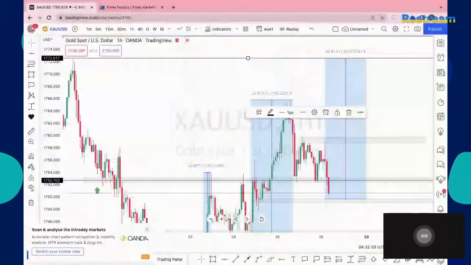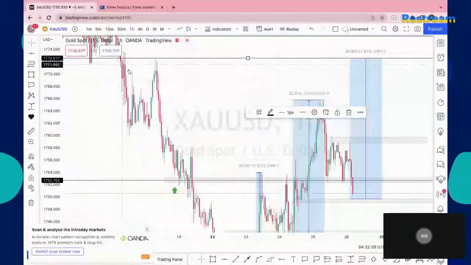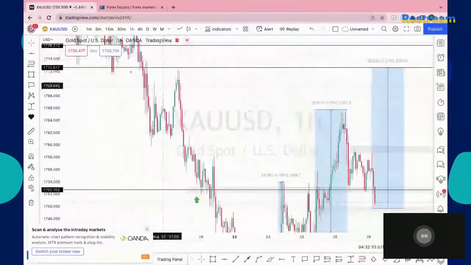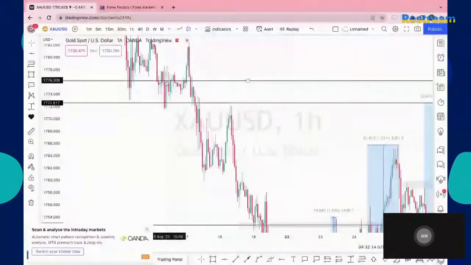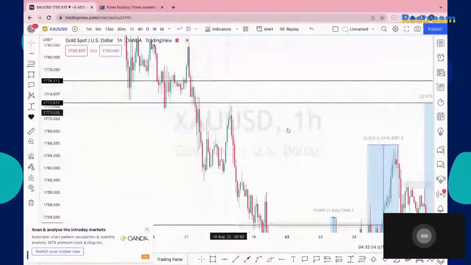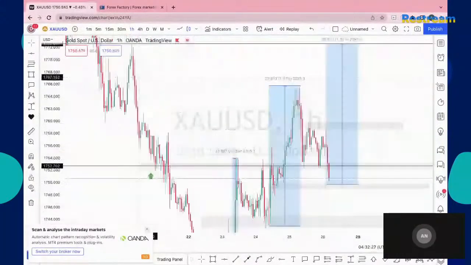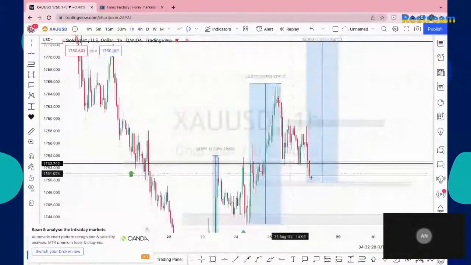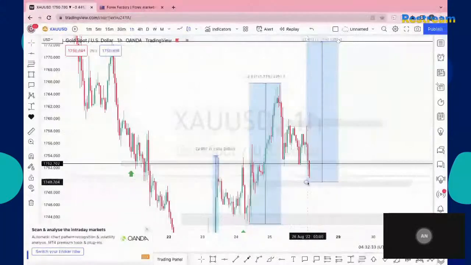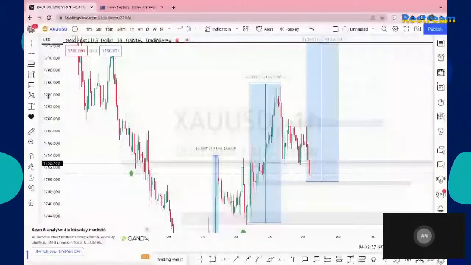You see that 1771, 1776, 77, somewhere there. You see there's some rejection here. See, this is a rejection over here. 1, 2 rejections. So probably it could turn around from right here, 1749, right? If we're talking about impulsive moves.